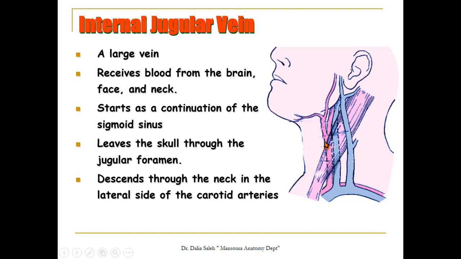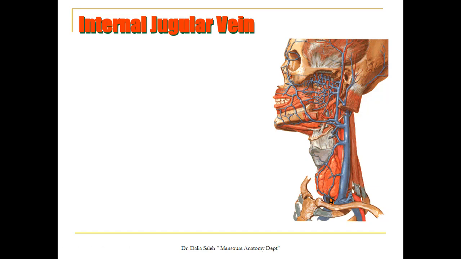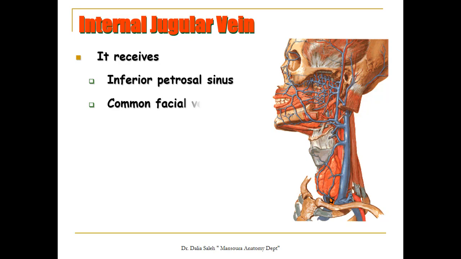And in the neck, we can see it lateral to the carotid artery inside the carotid sheath, and then it descends downward deep to the sternomastoid and joins the subclavian vein. For its tributaries, it receives many veins from inside the skull, like the inferior petrosal sinus.